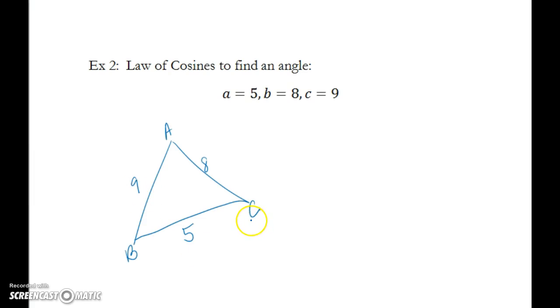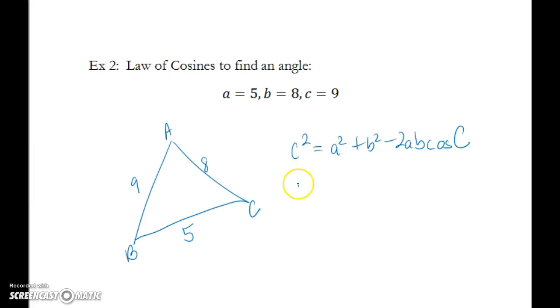So our largest angle would be across from the biggest side, which is 9. And so we'll start with the formula C squared, because the 9 is across from angle C. So C squared equals A squared plus B squared minus 2AB times cosine of angle C.